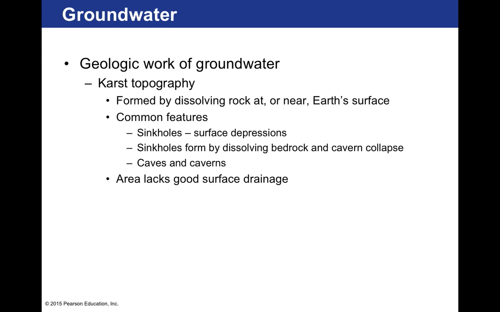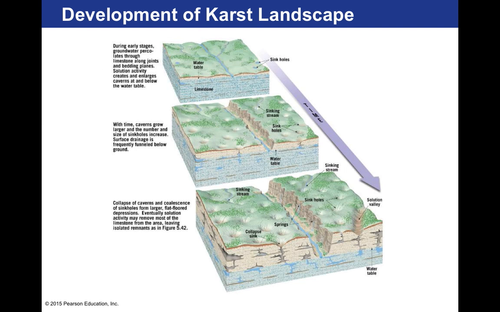And these areas often lack good surface drainage. This is a picture of a karst landscape where you have multiple sinkholes in an area formed by an increasing river valley. The water table is low enough that it lowers in the region such that all these caverns form and they eventually just collapse and form all of these localized sinkholes in the area.